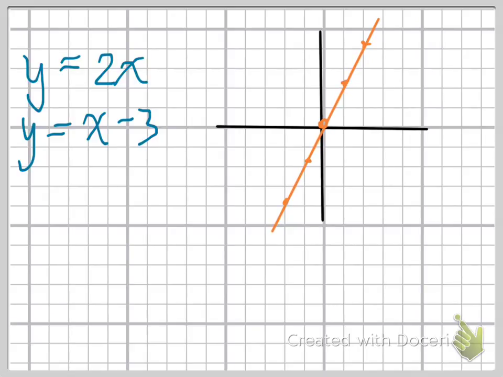Okay, the second equation is y equals x minus 3. It has a y-intercept of -3, so I'm going to go down 3, put a point, and a slope of 1, or 1 over 1.